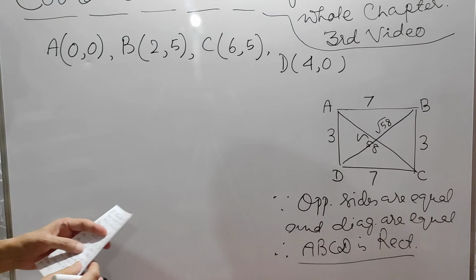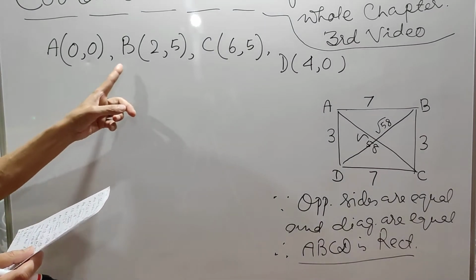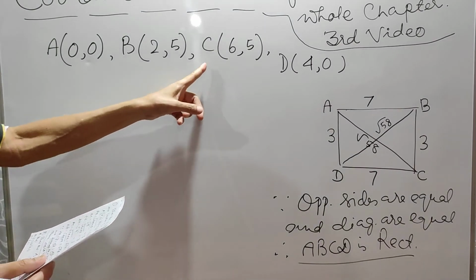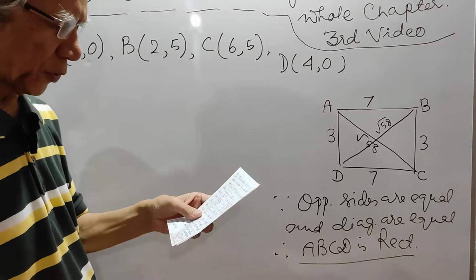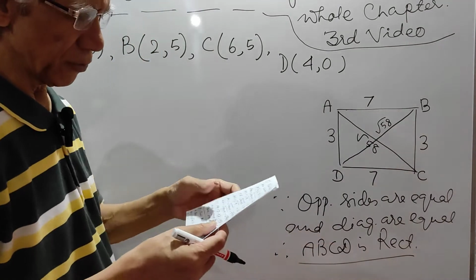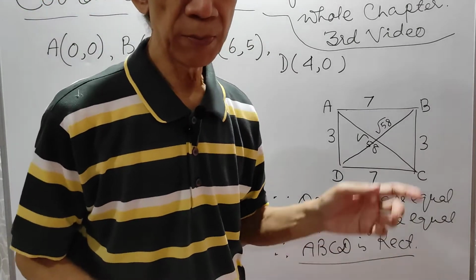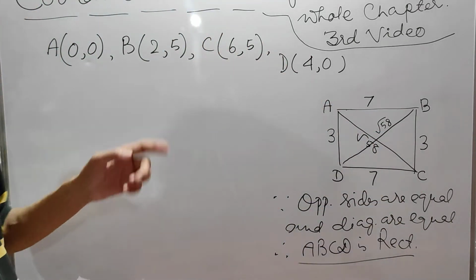So these are the 4 points given: (0, 0), (2, 5), (6, 5) and (4, 0). Now you have to show that these are the vertices of a parallelogram.